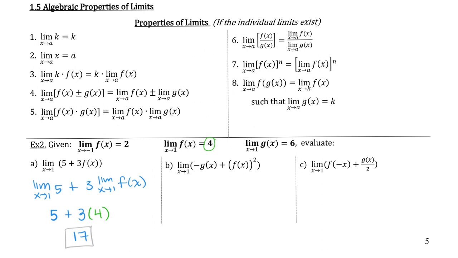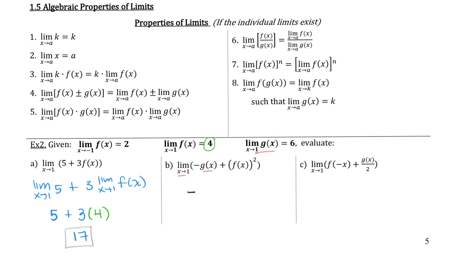Okay, and you do not need to show the first step. You can skip straight to here. So on the next one, I might try to skip, I think. Okay, so the next one says the limit as x approaches 1 of negative g of x plus f of x squared. Okay, so I'm going to leave the negative alone. Let me apply the limit as x approaches 1 of g of x. What is the limit as x approaches 1 of g of x?